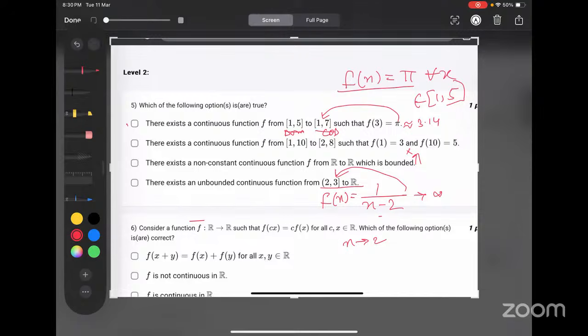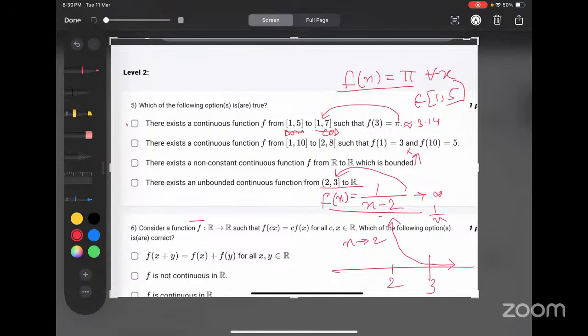Okay, so we know the graph of 1 over x, right? From 0 it is going like that. So this is also an unbounded function. This will also look the same. This is the difference, we are shifting the same thing. So we will get this type of graph.